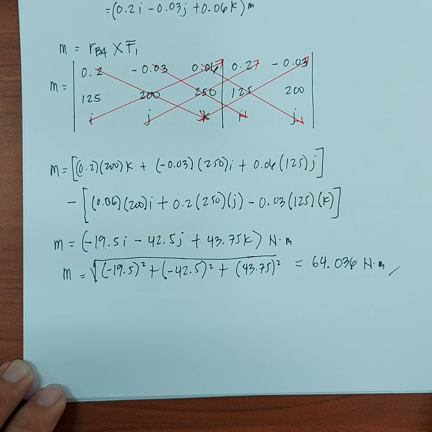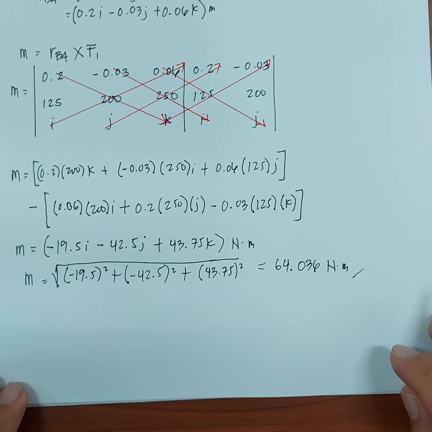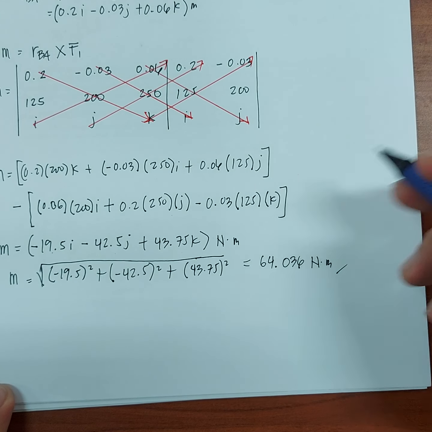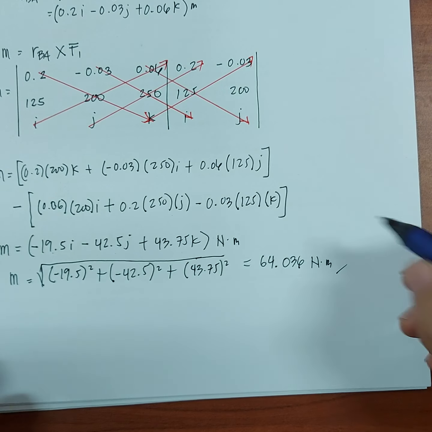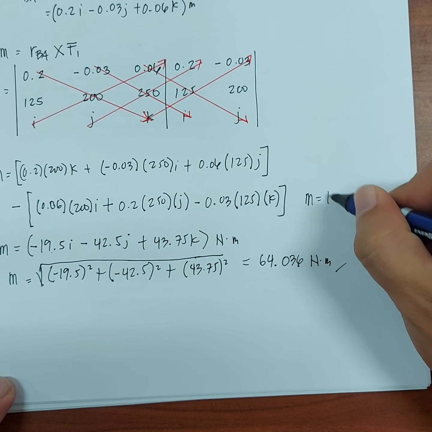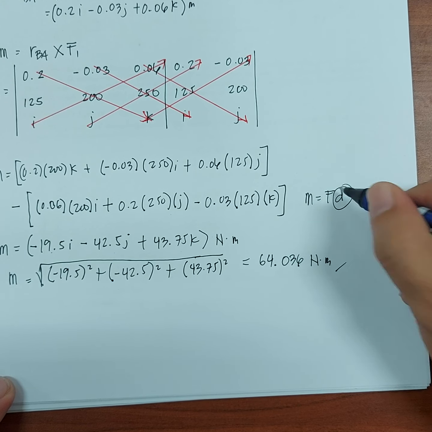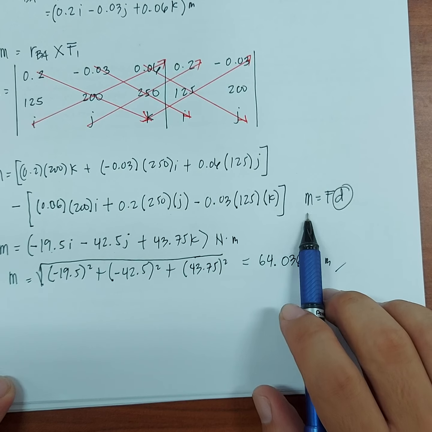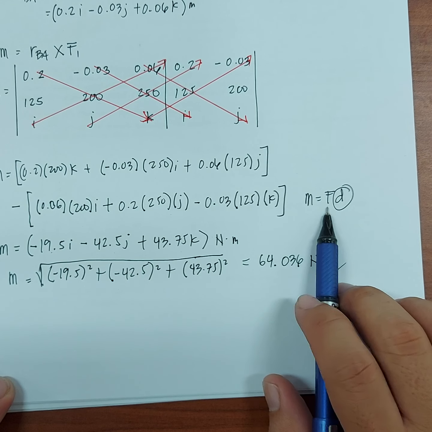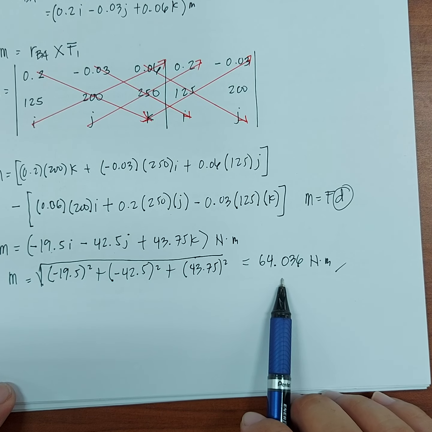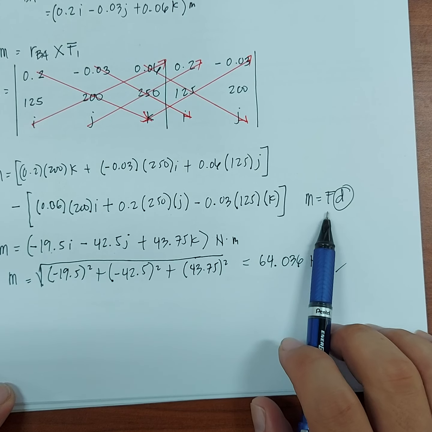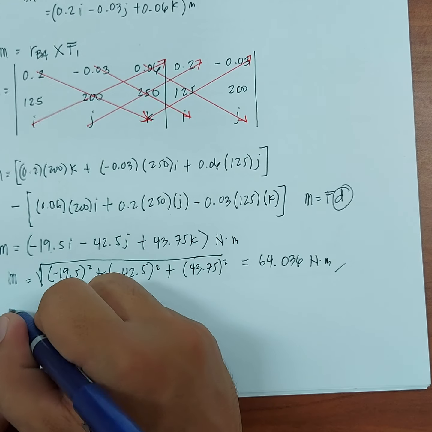Okay? Next is to solve for the resultant of the force. Kasi kailangan natin yon sa pag-solve ng distance. No? Kasi if you try to recall, moment is equal to force times distance. If you want to solve for the distance, then we need the value of M and the value of F here. So, alam na natin yung M. We need to solve for F, yung resultant. Okay.